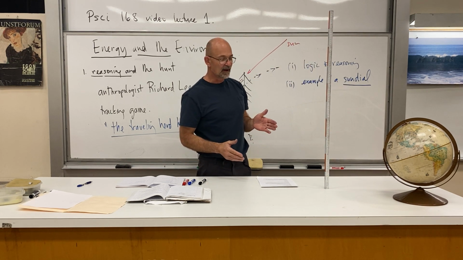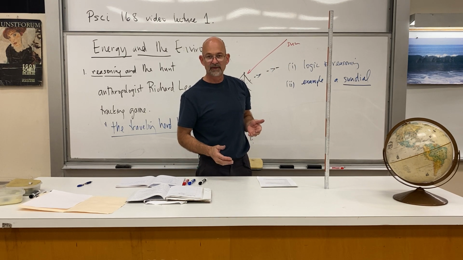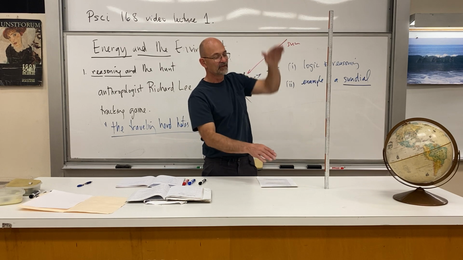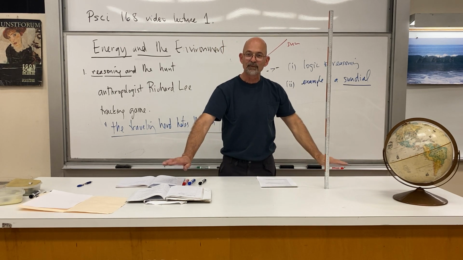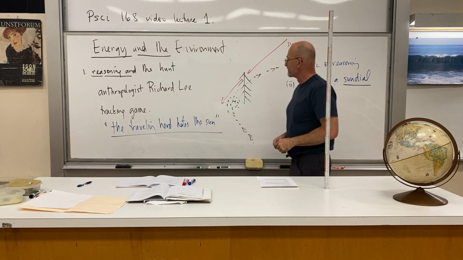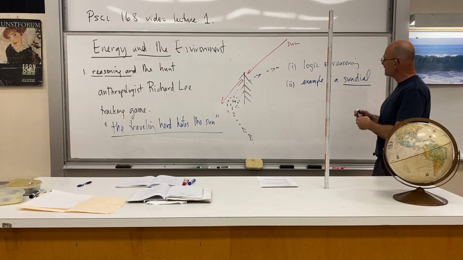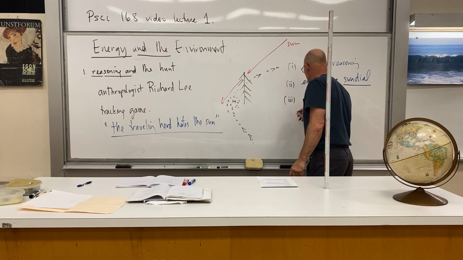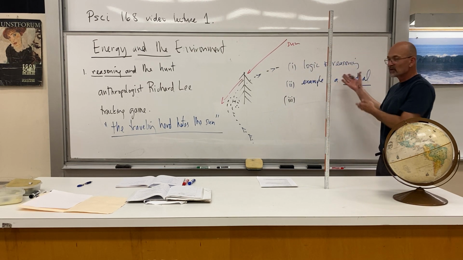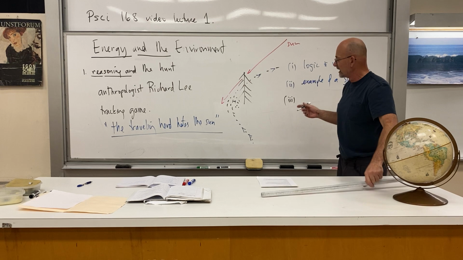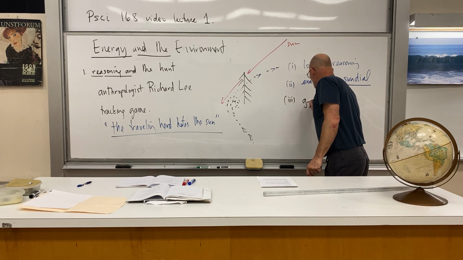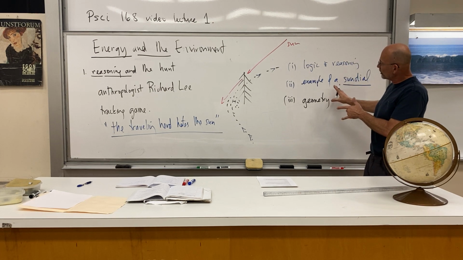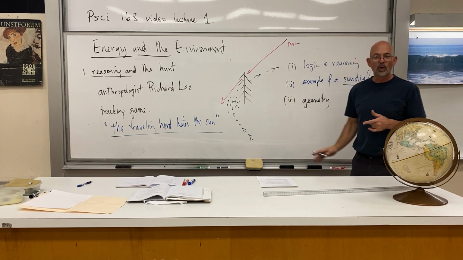Then we have an example of geometry. We now have geometric relations between a vertical stick, angles, a flat tabletop. Okay, so an example of a sundial. And right away, my third point, if we just generalize and abstract from this, we need geometry if we're going to do something with this idea, but with more precision.